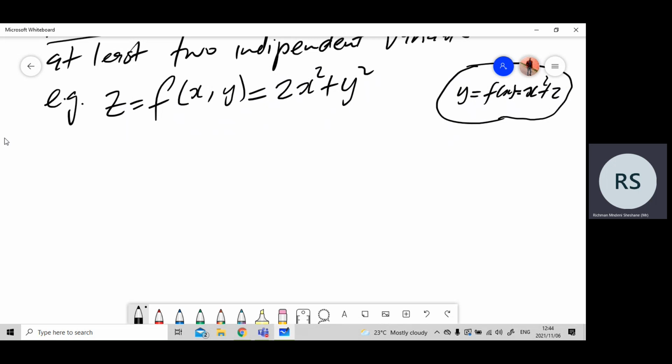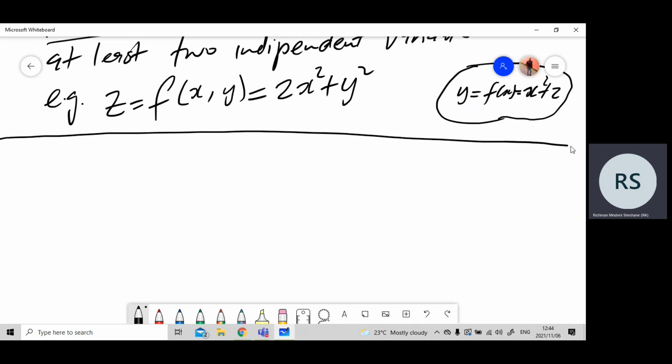Okay, but before I go into details with this, let me motivate this chapter by looking at the volume of a cylinder. You know, the volume of a cylinder is given by pi r squared h. You see, this volume is a function of two variables, r and h. So in real life, we have functions of more than one variable. For example, V is a function of r and h.